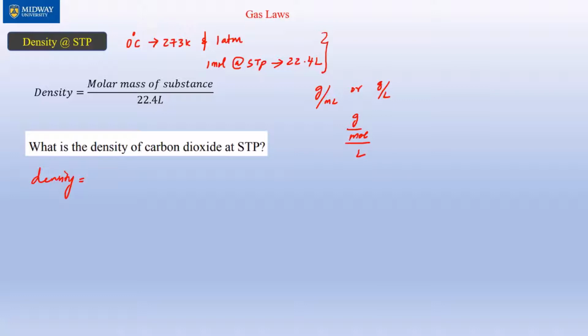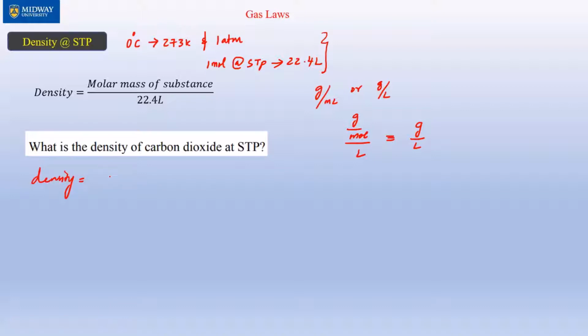Remember, it's per mole, so it's simply the same as writing grams over liter. Does that make sense? Why that disappears? Per mole is 1. 1 is not a big deal, so we can ignore that.